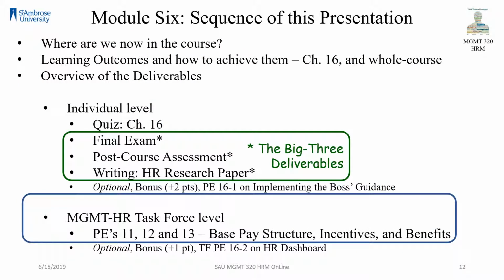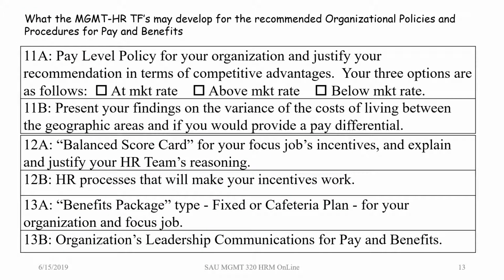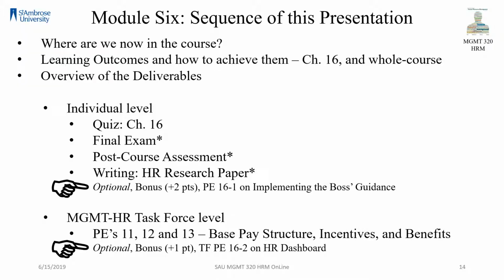Now let's look at the task force level deliverables. The task force will be recommending their policies for their organizations on pay level, incentives, and the benefits package. And we'll see those in the discussion boards. There are 2 optional bonus practical exercises.